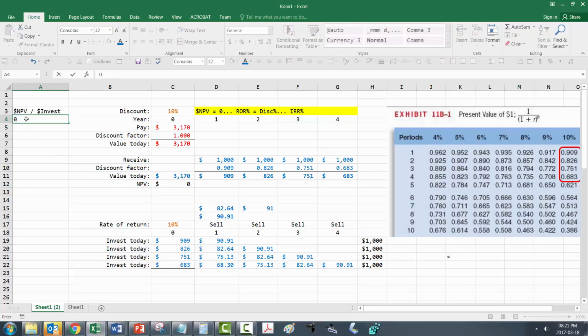So a zero net present value, not very sexy, divided by 3170 is going to equal a profitability index equal to zero. And that doesn't sound very interesting, but for nonprofit organizations and for hospitals especially, or universities, a profitability index of zero is fine.